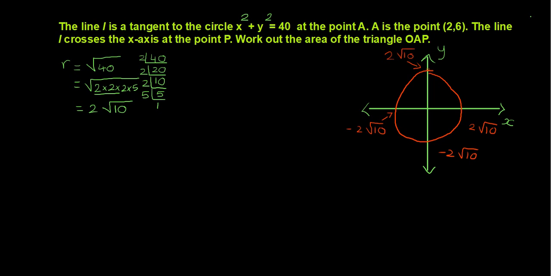over here on the y-axis, and that point there will also be minus 2 root 10 on the x-axis. Okay, so now let's draw the line, the tangent, in a different color. The tangent is at point A, (2, 6). Let me redraw this line again.